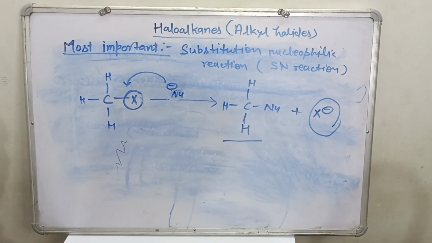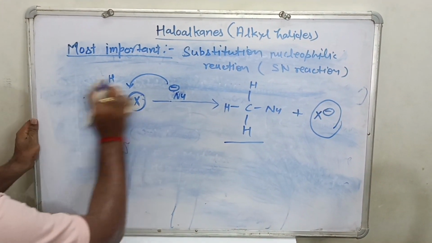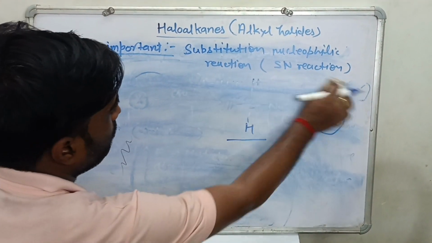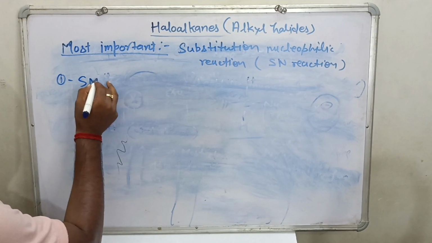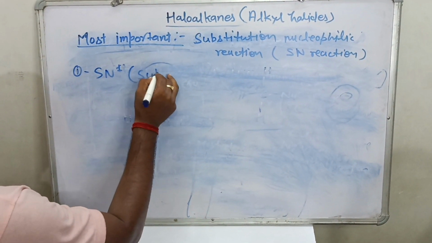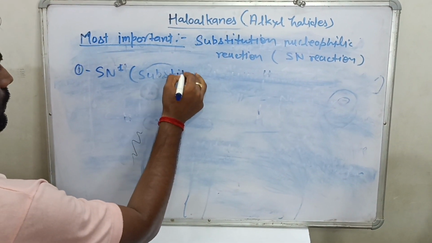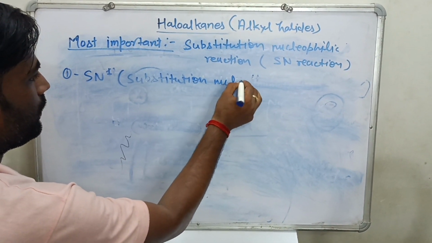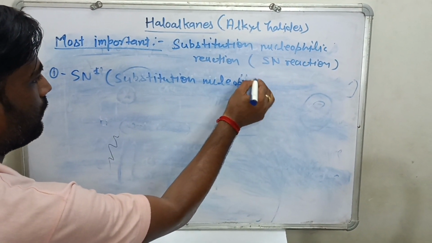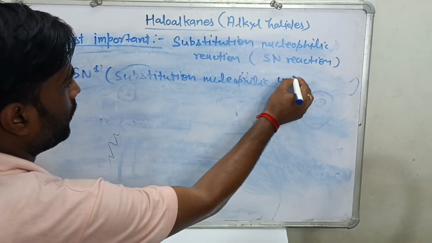So we can divide the nucleophilic substitution reaction into two groups. The first is known as the SN1 reaction, whose full form is substitution nucleophilic unimolecular.